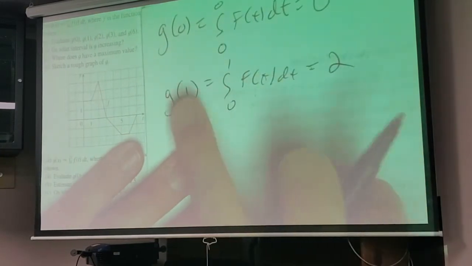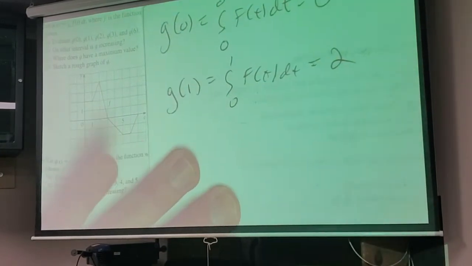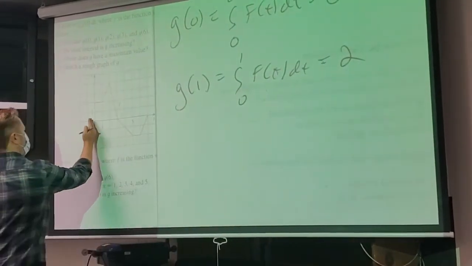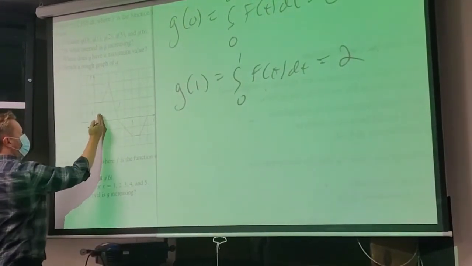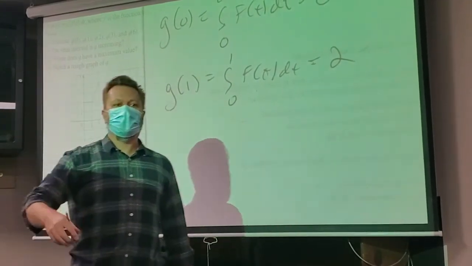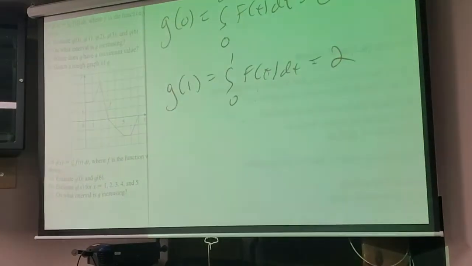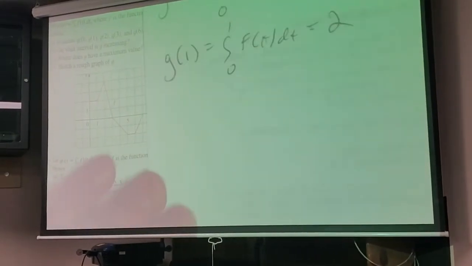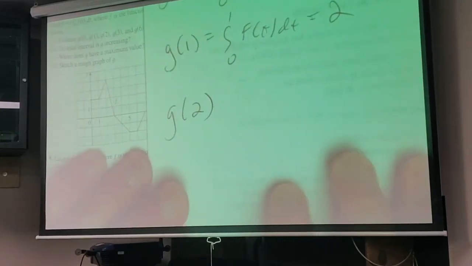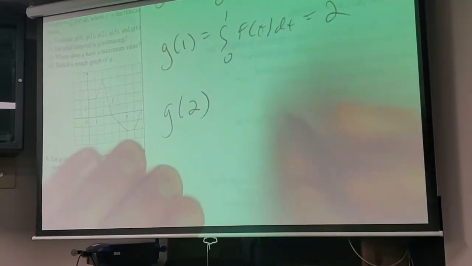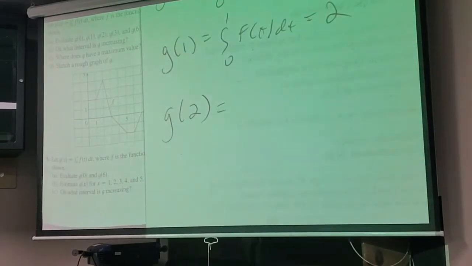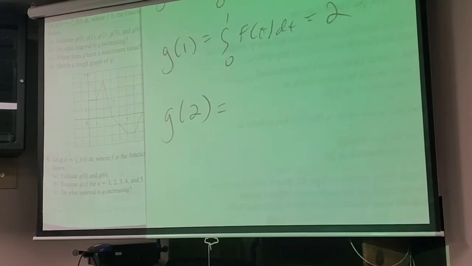So the area so far that we've picked up as we move, I kind of like to think of it as scanning the function. As I scan over here, I've picked up an area of 2 so far. Now, to do g of 2, can't I do, so that means the area up to 2, correct?